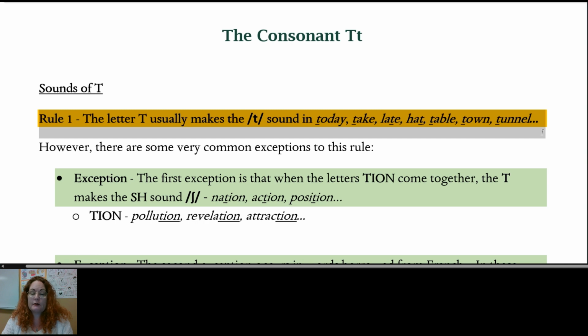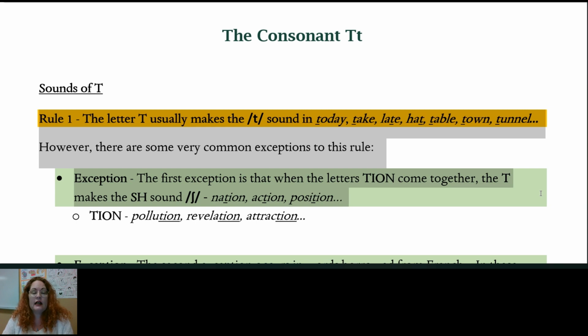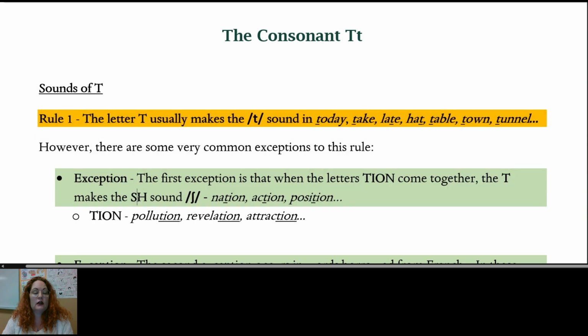Though there are some exceptions, the most common exception is probably when we have T, I, O, N together. In this case, the T and I make the sh sound. For example, nation, action, position, pollution, revelation, attraction.